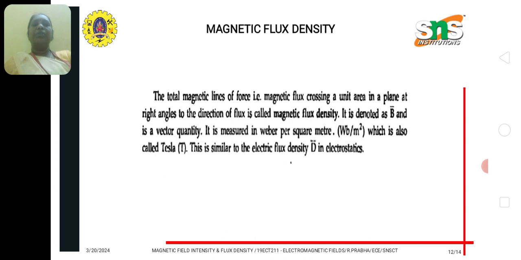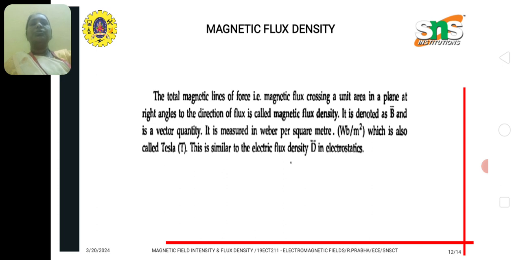Another important parameter in magnetostatics is the magnetic flux density. The total magnetic lines of force or magnetic flux crossing a unit area in a plane at right angles to the direction of flux is called magnetic flux density, denoted by B vector, which is also a vector quantity measured in Webers per square meter, or another unit is Tesla.